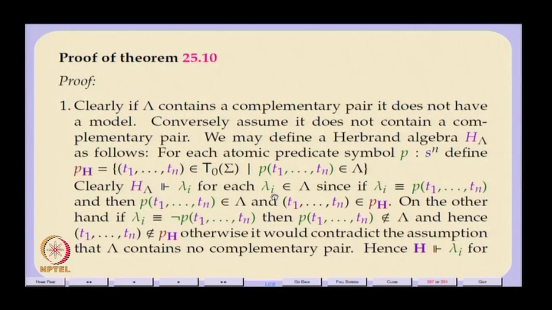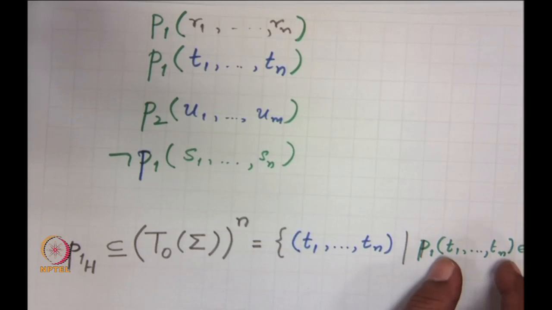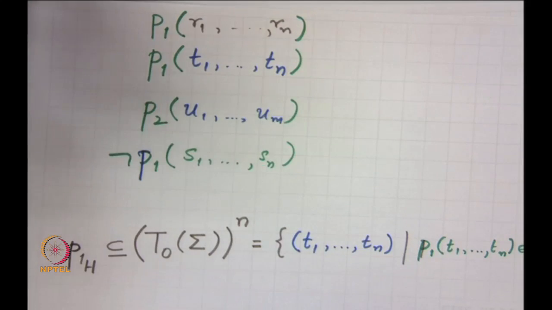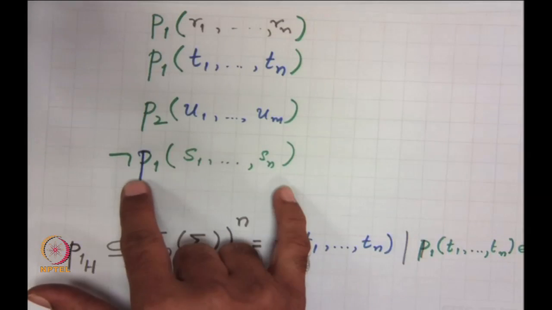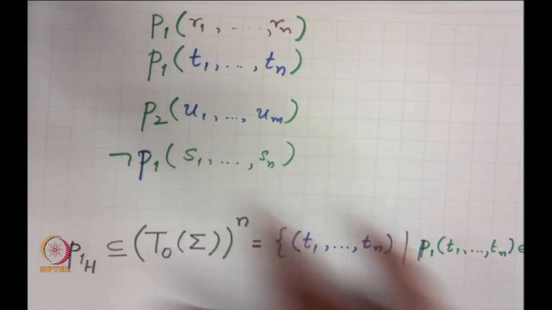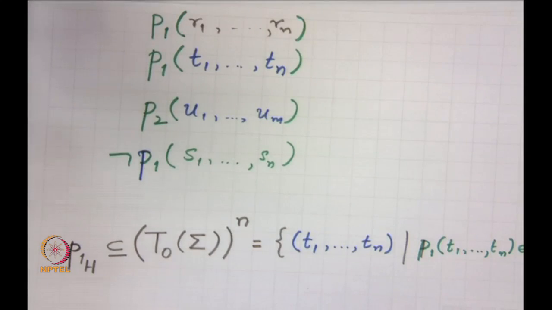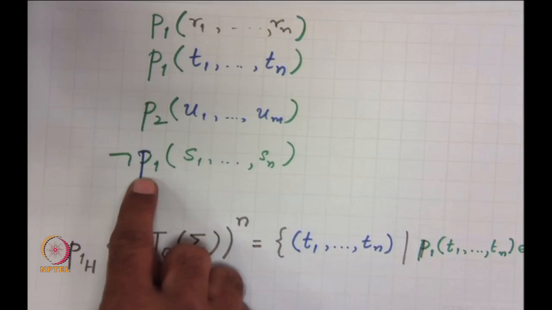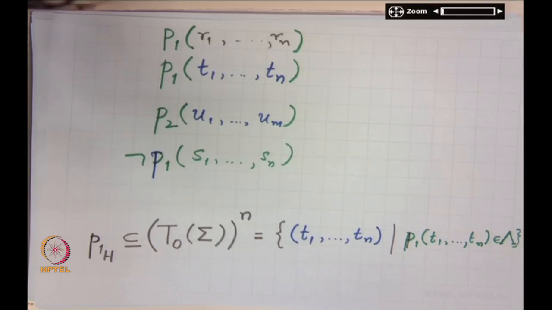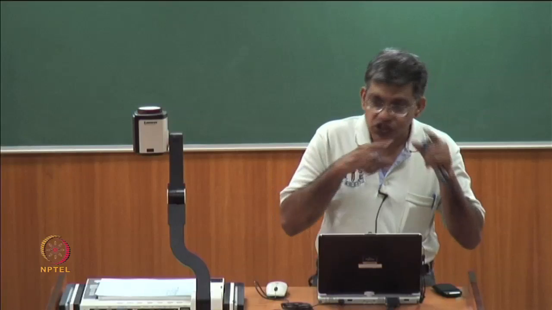So, there are only two possibilities for lambda I. If lambda I occurs in positive form like this, then its parameters are there in the model, and so it is true. If lambda I occurs in negative form like this, then of course its parameters are not in this, so by the semantics of the predicate, not P1 of that tuple is true. So, every literal lambda I is modeled by this H lambda.